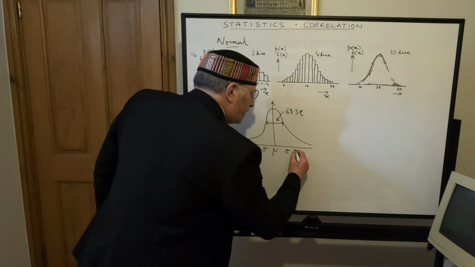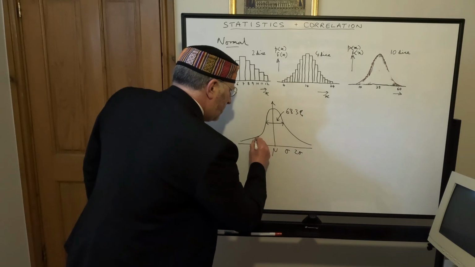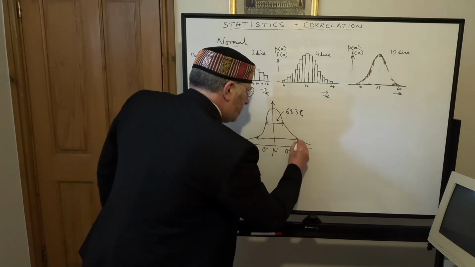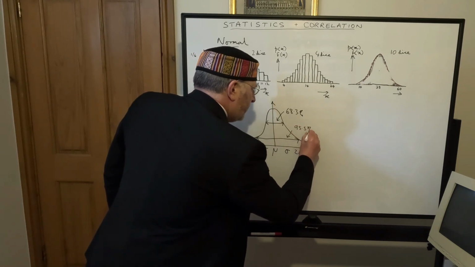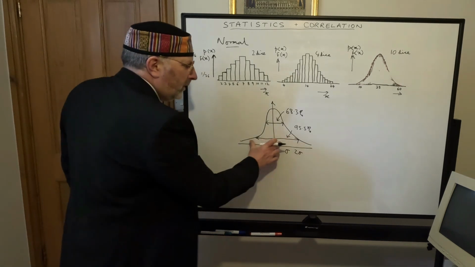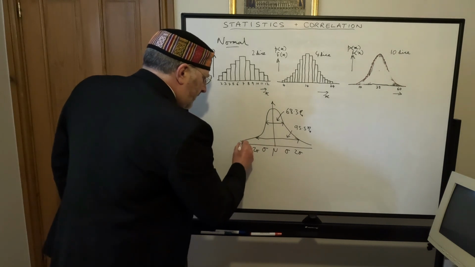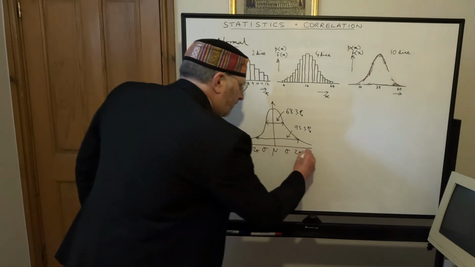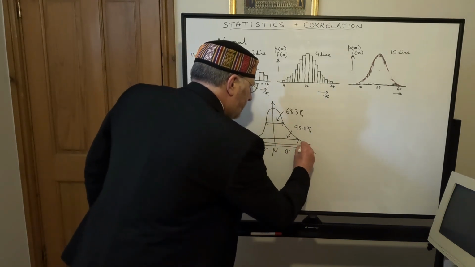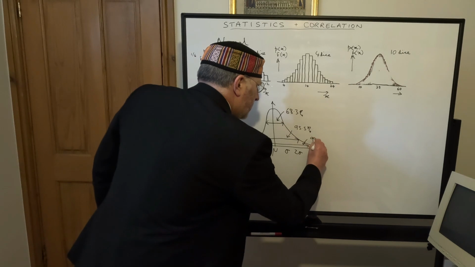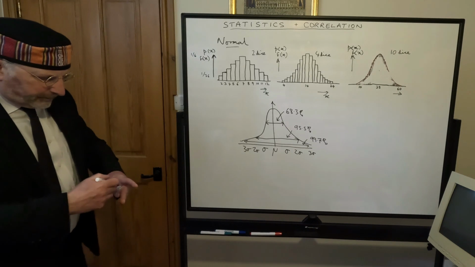And then if we go to 2 standard deviations on either side, we find that 95.5% of the values will lie within 2 standard deviations of the mean. And then within 3 standard deviations, it is 99.7%.